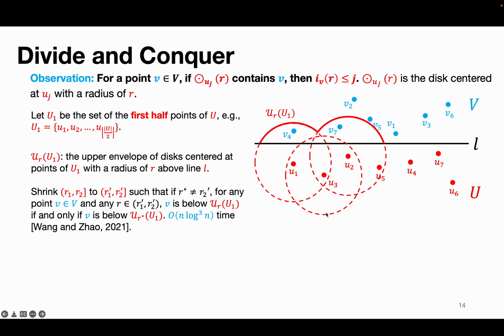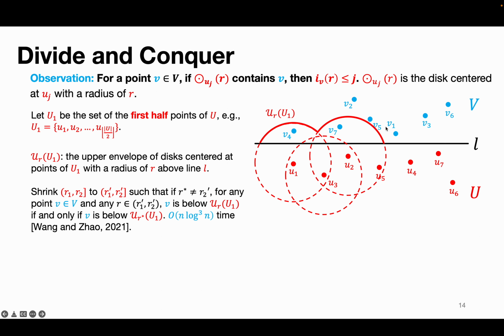And then we shrink the interval R1, R2 to R1 prime, R2 prime, such that if R star doesn't equal R2 prime, then for any point V and any parameter R in the shrunk interval, V is below this upper envelope if and only if V is below the upper envelope with respect to parameter R, if and only if V is below this upper envelope with respect to parameter R star.